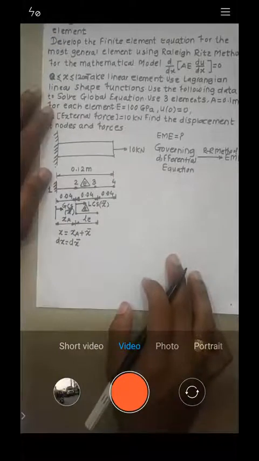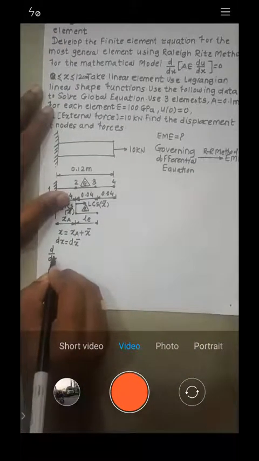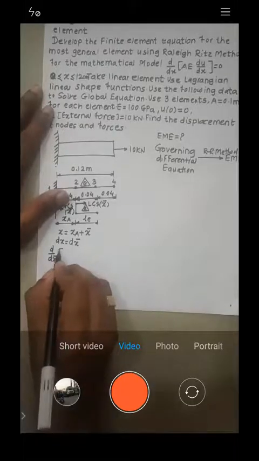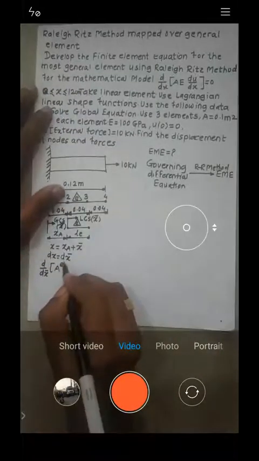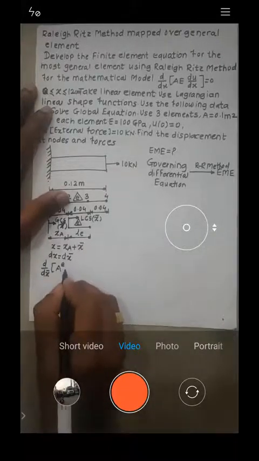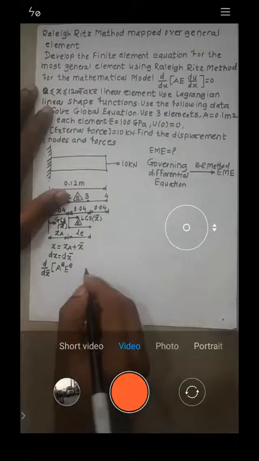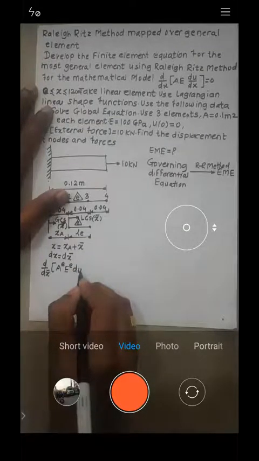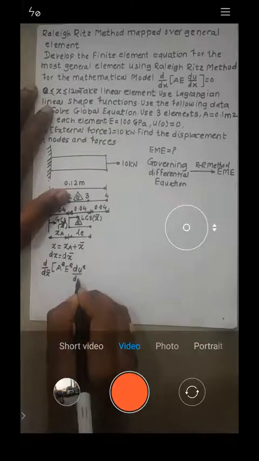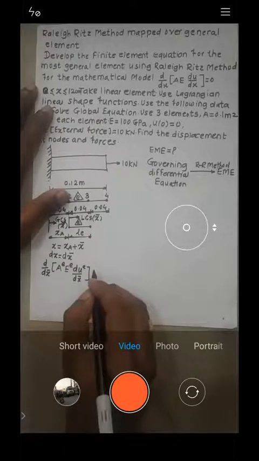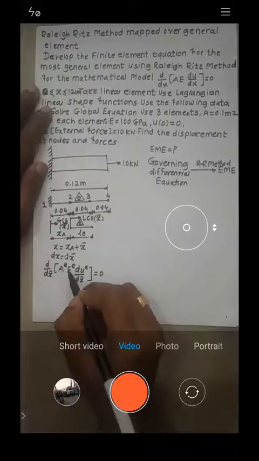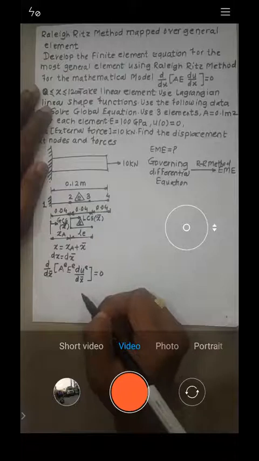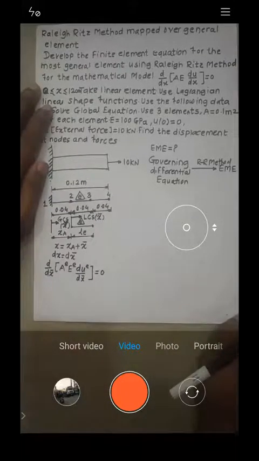I will write d by dx bar of AE EE du E by dx bar is equal to 0. Instead of x, you write x bar. Here E is for element number E, so it is the area of element E, the modulus of element E, and the displacement of element E. Is it okay?